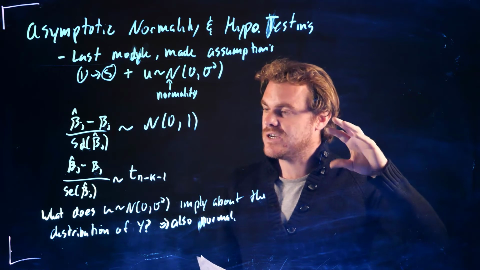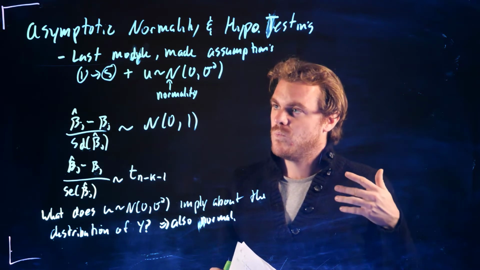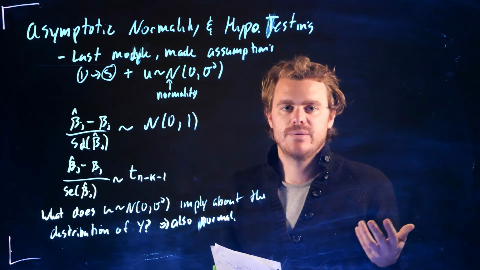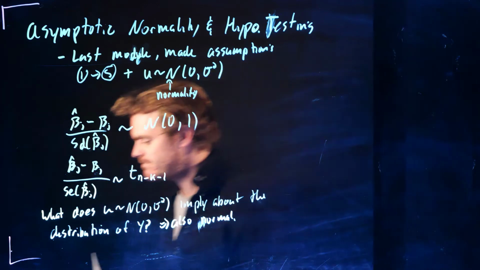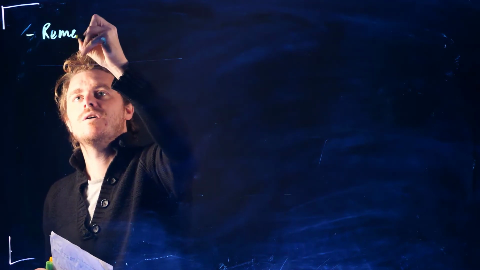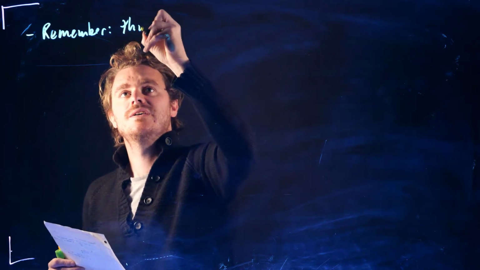So let's take a closer look at this assumption and think about what happens if we let n go to infinity. Maybe we can use the central limit theorem to help us out. Remember, this normality assumption tells us nothing about unbiasedness or anything like that.